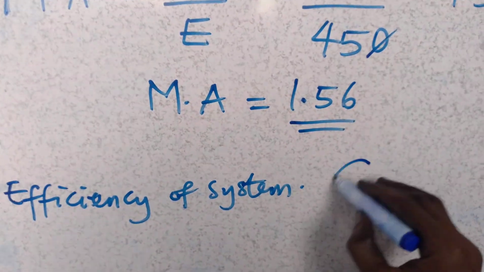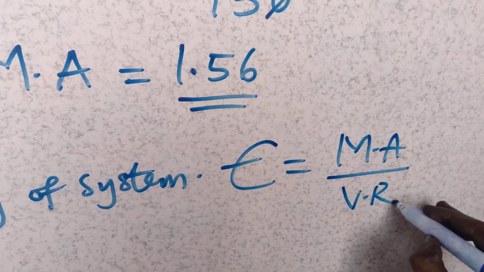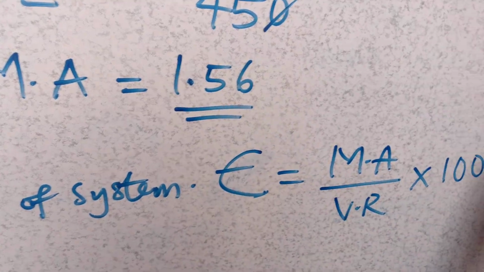The efficiency E is equal to mechanical advantage over the velocity ratio times 100, in percentage.